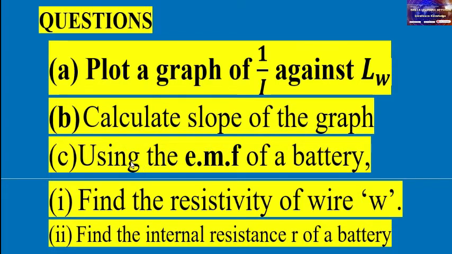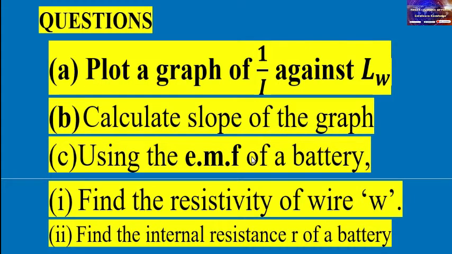For question C, using the EMF of the battery, how are you going to obtain the EMF of a battery? Before performing the experiment, you have to record the voltage of the cell, the EMF of the cell, by using the voltmeter.